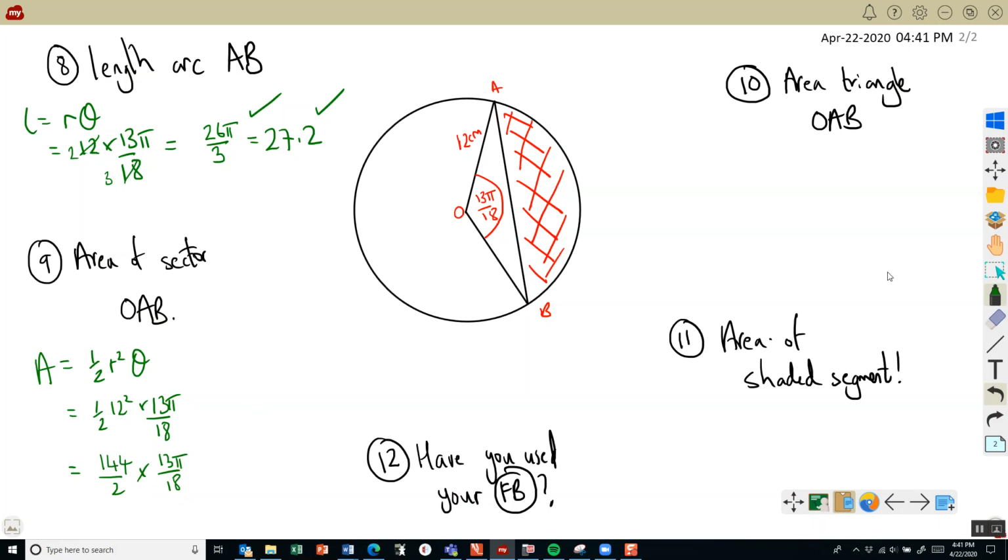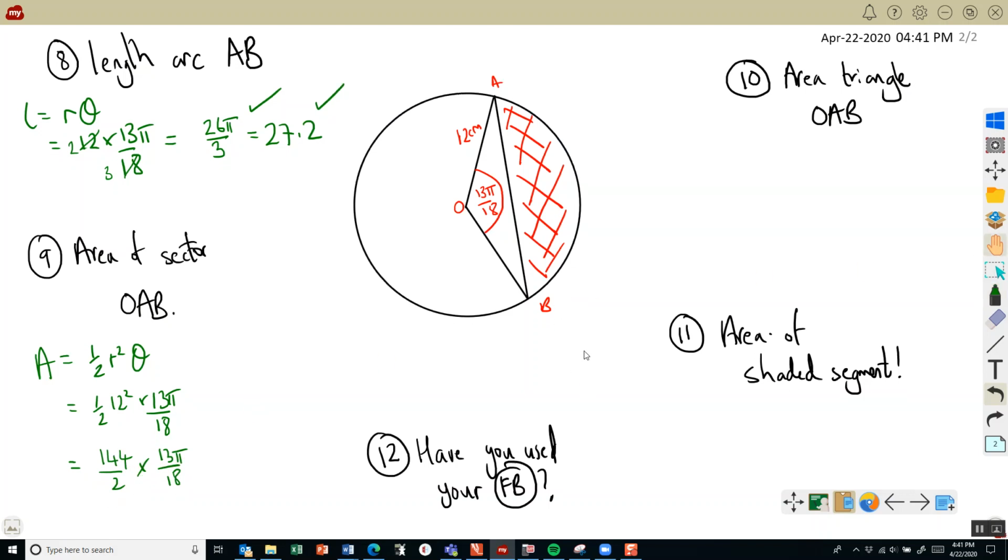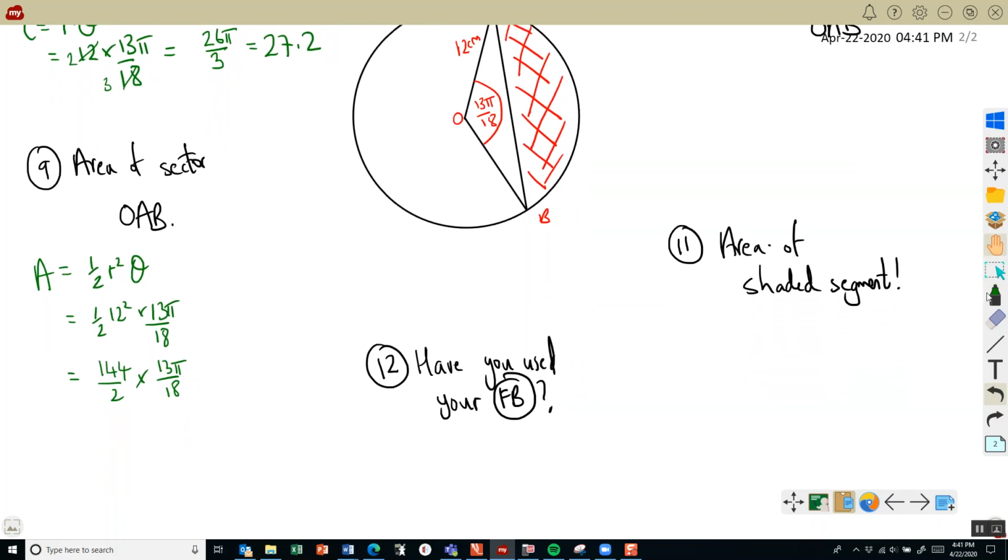Okay, let's simplify this. 144 divided by 2 is 72. So I get 72 times 13 pi over 18. I know that 9 goes into 18 twice. 9 goes into 72 8 times. And 2 goes into 2 once. And 2 goes into 8 4 times.